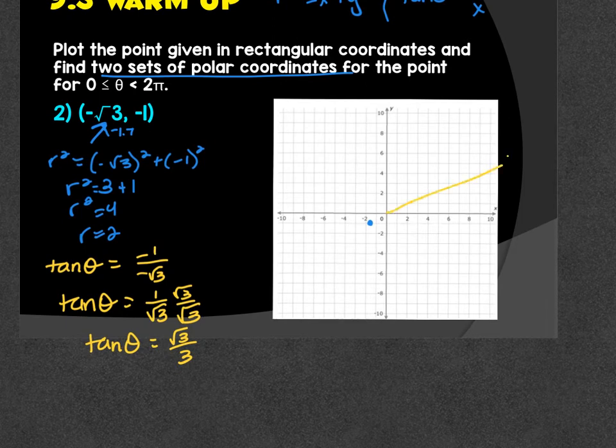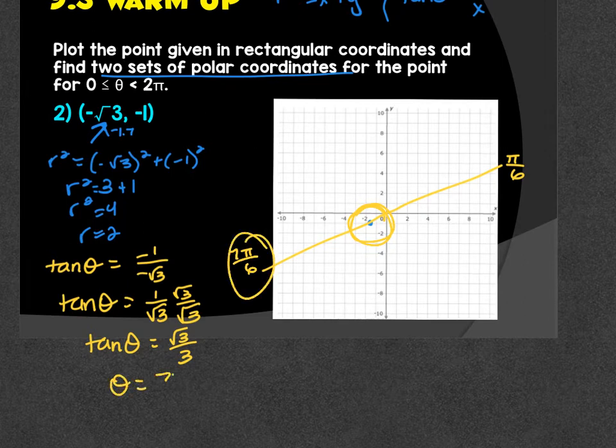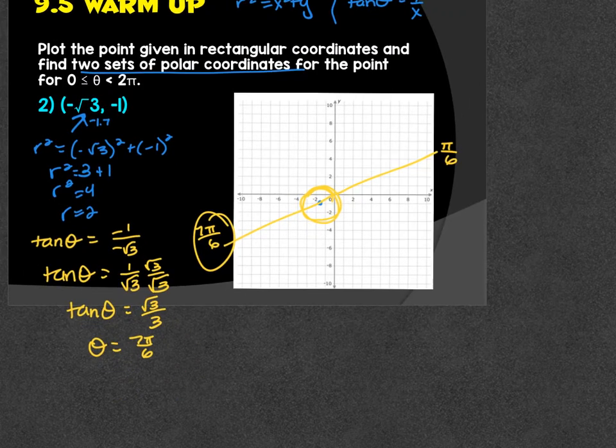So it happens at pi over 6 over here. It would be positive there. And it's also positive at 7 pi over 6 over here. And because we originally plotted this point in the third quadrant, I know that's the one I want to pick. So theta is 7 pi over 6. So r, theta is 2, 7 pi over 6.